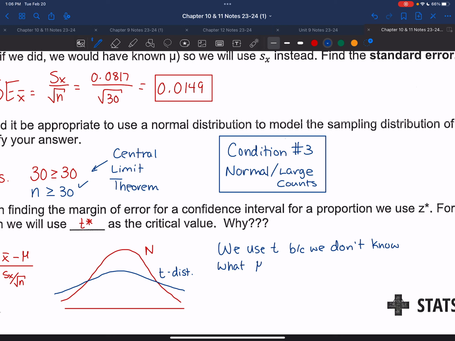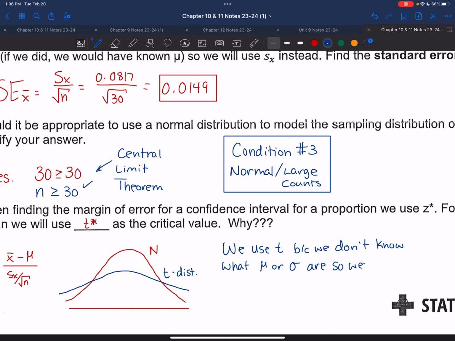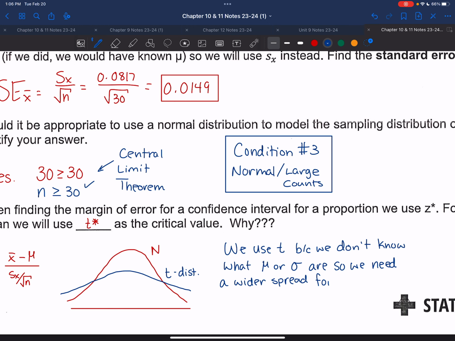So we're going to need a wider spread to accommodate for that, for a critical value.